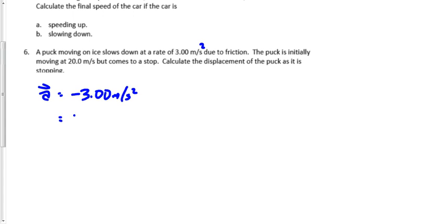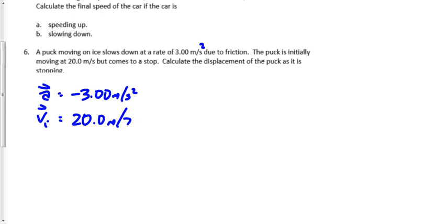What is this 20 meters per second thing? Is that VI or is that VF? Oh, you got this, right? Yeah, that's the initial velocity. And we're just going to make that positive, assuming it's moving in the positive direction.